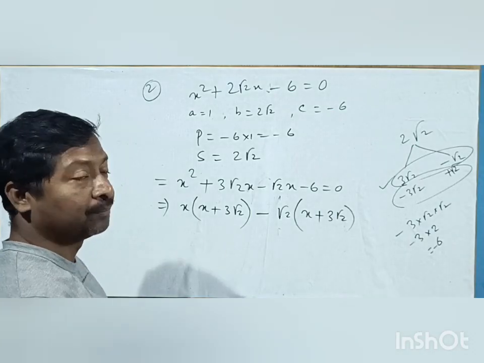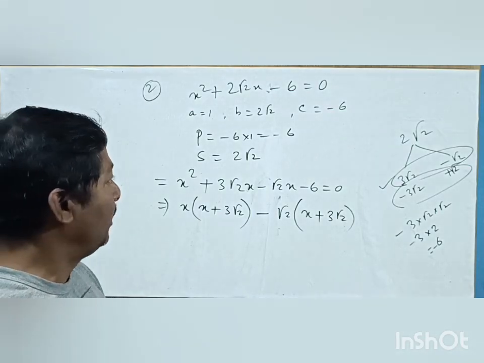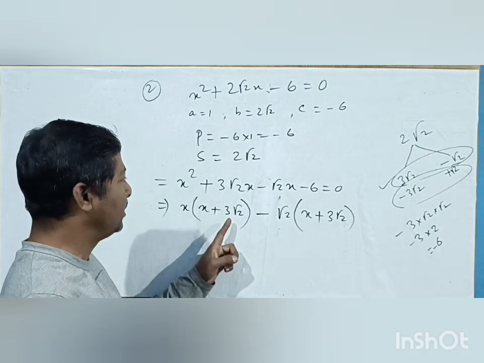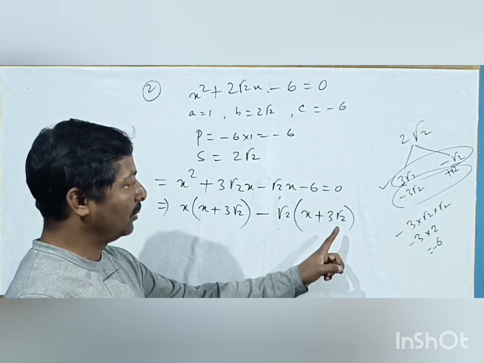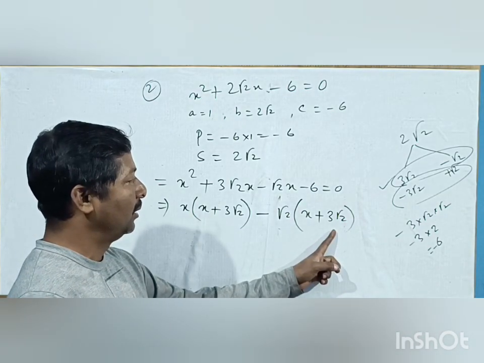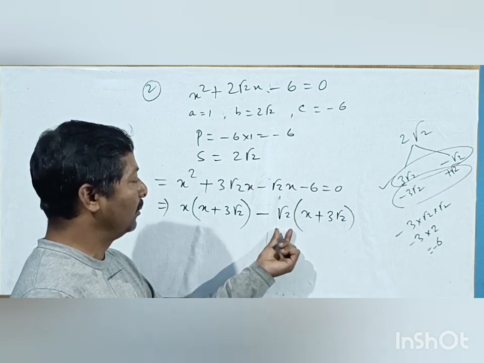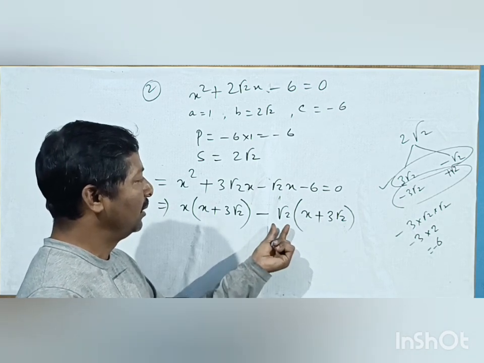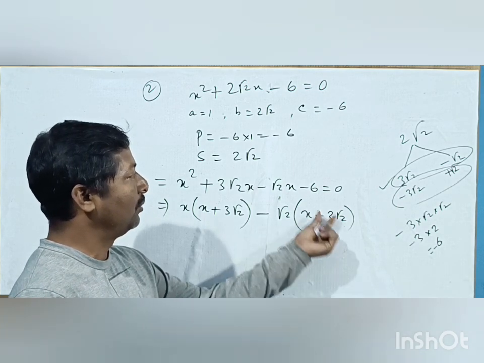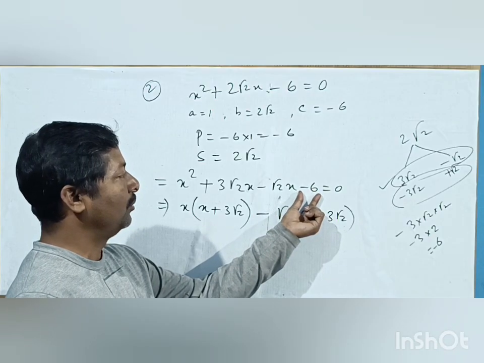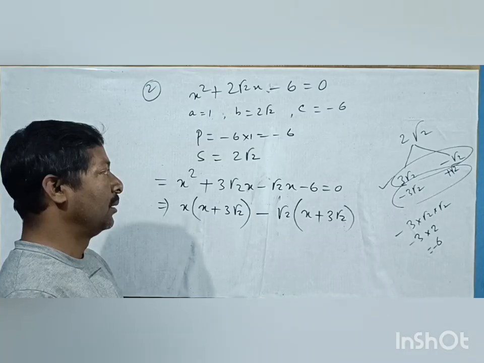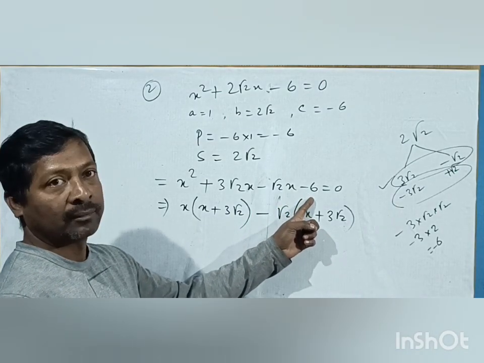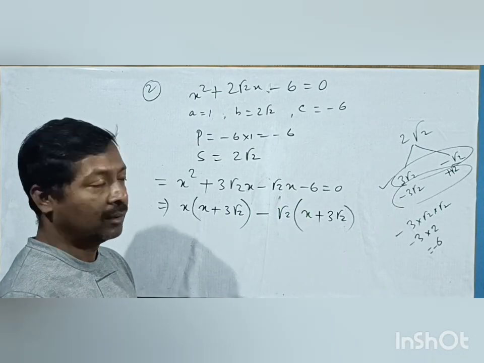Let me first write the same thing that is given here. After writing the same term here, let me multiply this to this, whether the product will be minus 6 or not. If it is the product, then nothing to think.